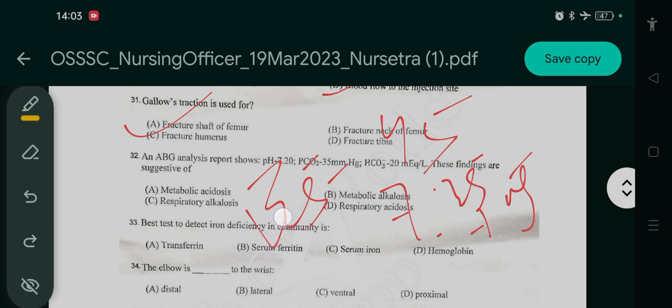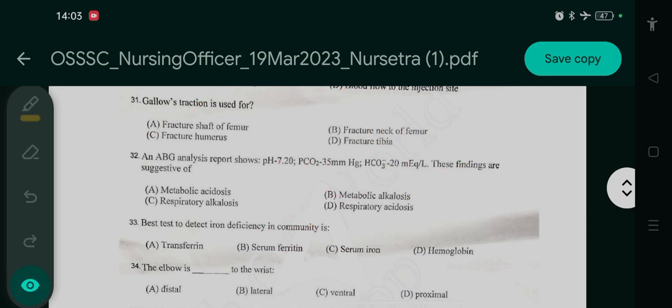The normal bicarbonate value is 24 to 26. Here the bicarbonate value is 20 milliequivalent, so there is less bicarbonate. As the pH is 7.20, it indicates acidosis. Here PCO2 is normal, so we are not correlating with a respiratory condition. We are correlating with a metabolic condition because bicarbonate is low.